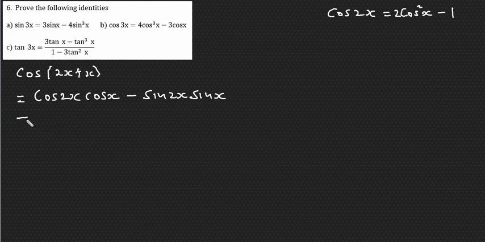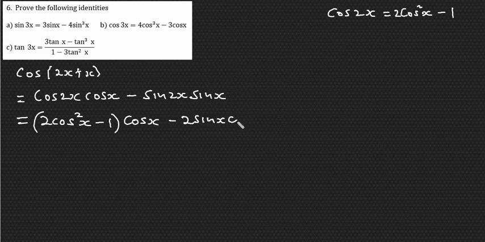So I'll get (2 cos squared x minus 1) times cos x, then minus, where we have sin 2x, it is going to be replaced with 2 sin x cos x, then times sin x here, which means sin x and sin x gives us a sin squared x.